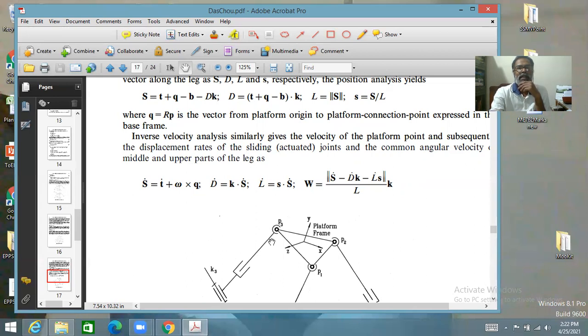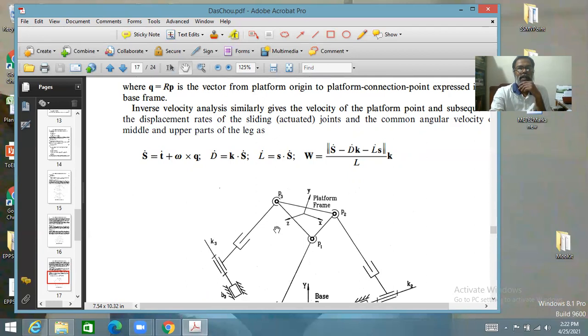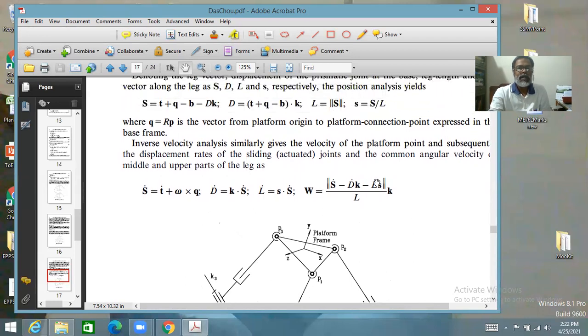From that you subtract this, and of that you take this component. So this is what takes you from here. So dk is this vector.